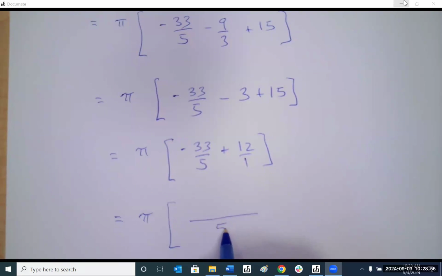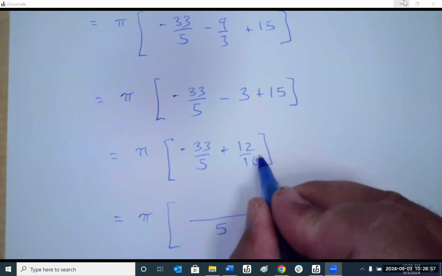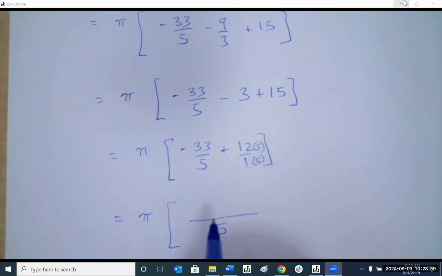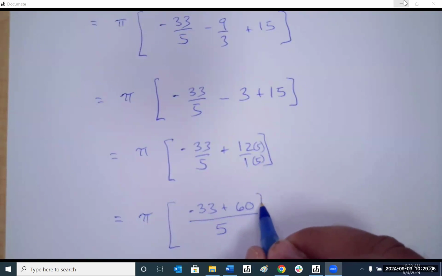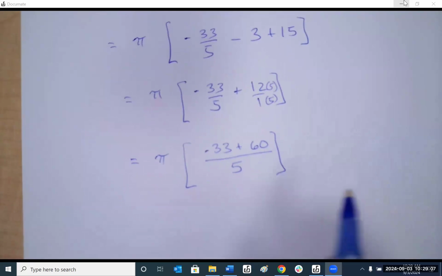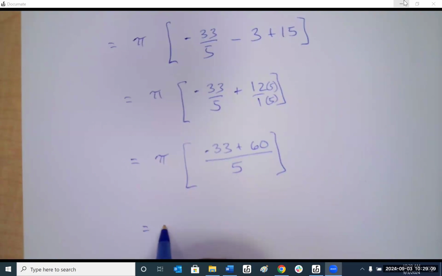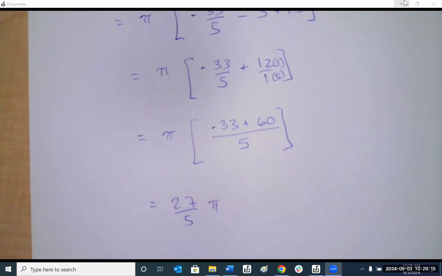Five is the common denominator. So negative 33 plus 60 is 27 over 5 times pi.